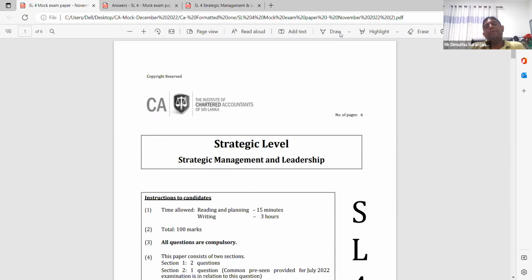Then in the exam, you will be given some additional information as the unseen part. By combining both, pre-seen plus unseen, you have to answer question number 3. I'm not going to talk much about question number 3 now. Later, when I come to the questions, I will speak more on that.